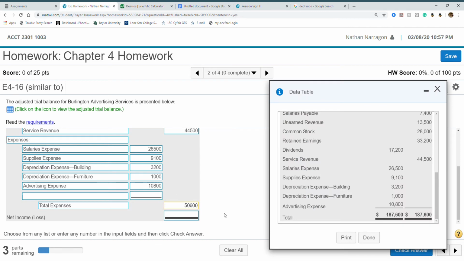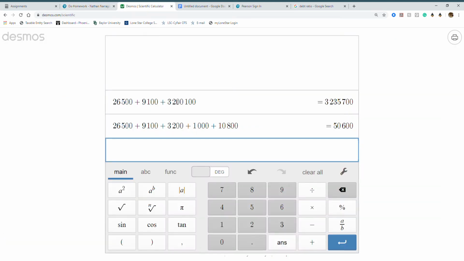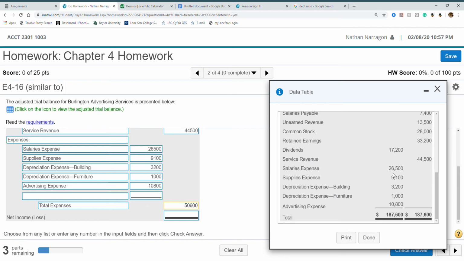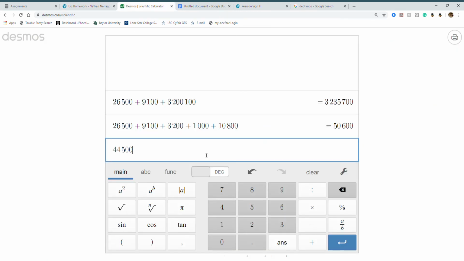Okay, again, as a refresh, revenue minus expense. This one's actually a net loss. Wow. We did not do so good. So, 44,500. Yep. Minus 50,600.